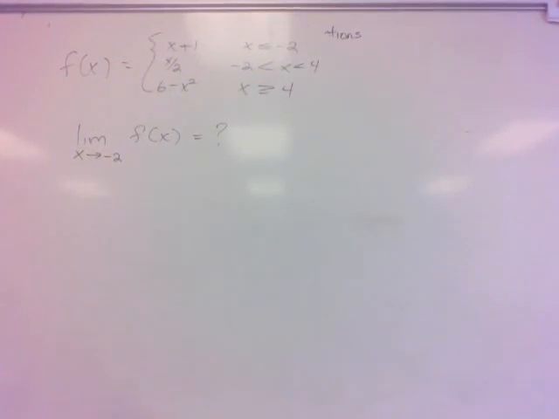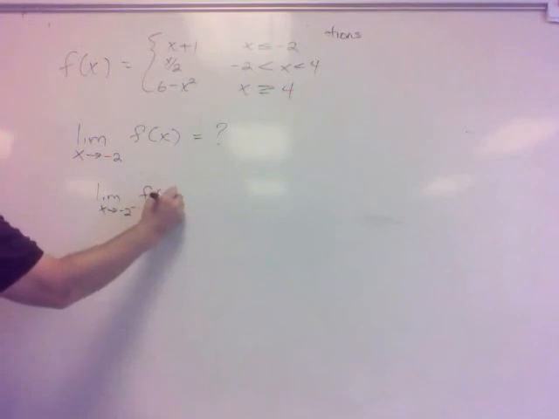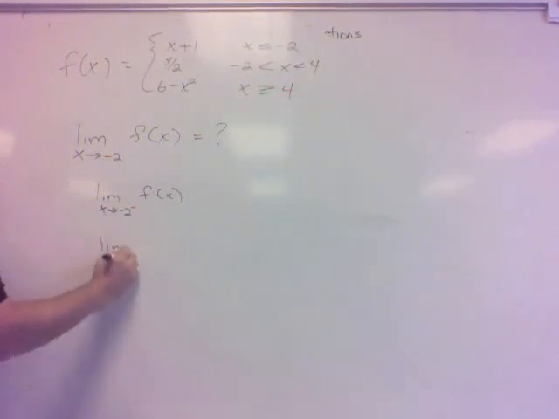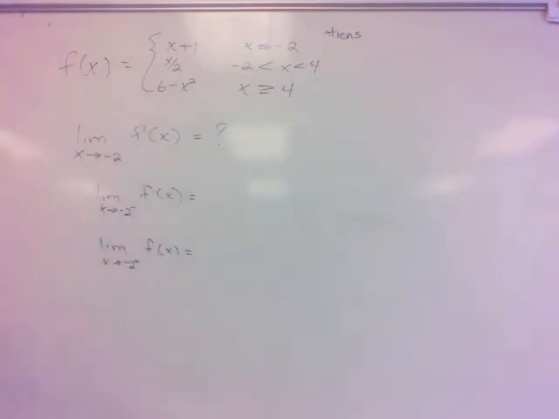To do the limit as x approaches negative 2, if it's defined up this way, you've got to look at it both ways. What is the limit as x approaches negative 2 from the left? And what's the limit as x approaches negative 2 from the right? See what both of those are. The limit as x approaches negative 2 from the left.